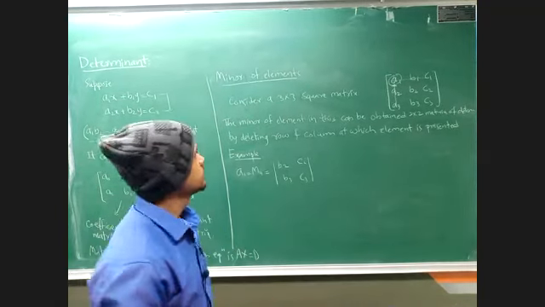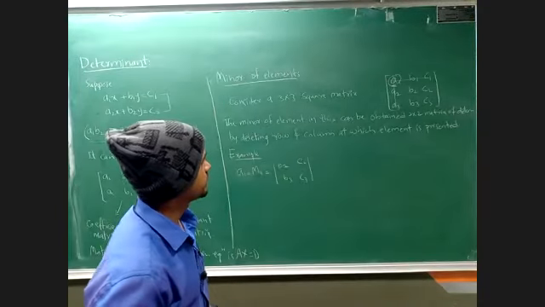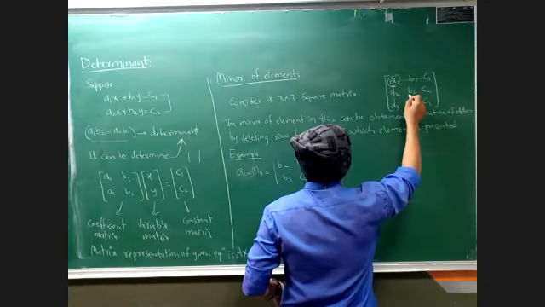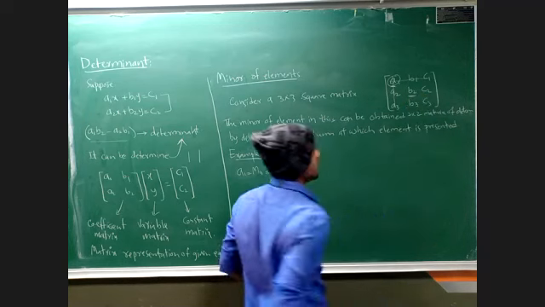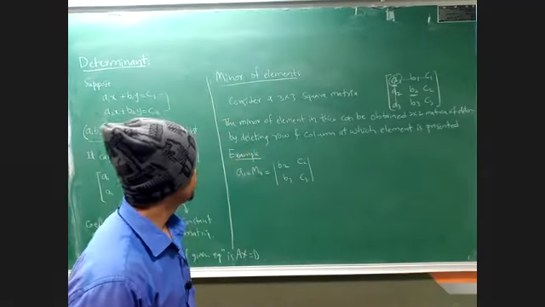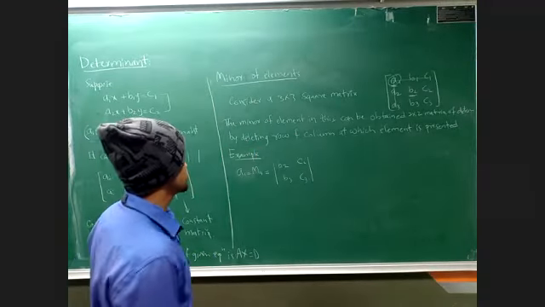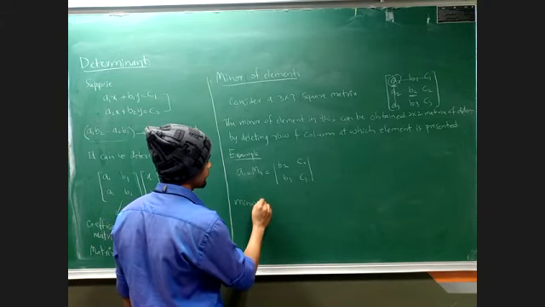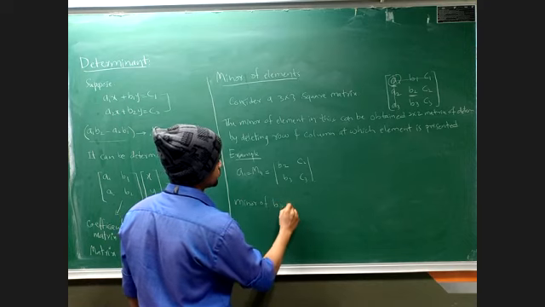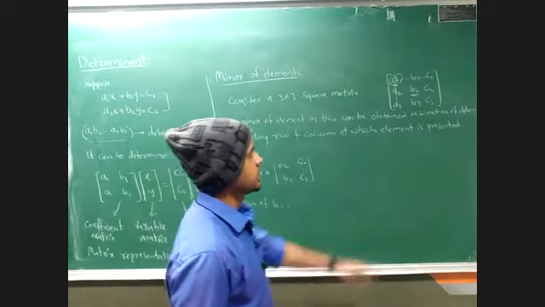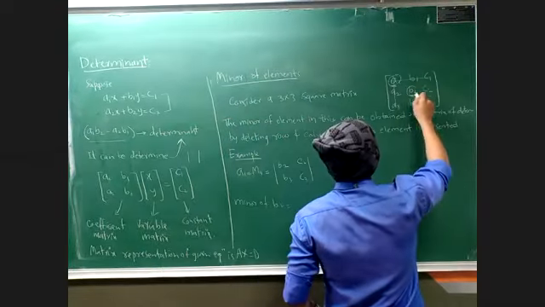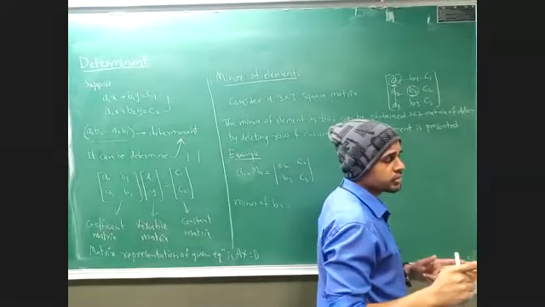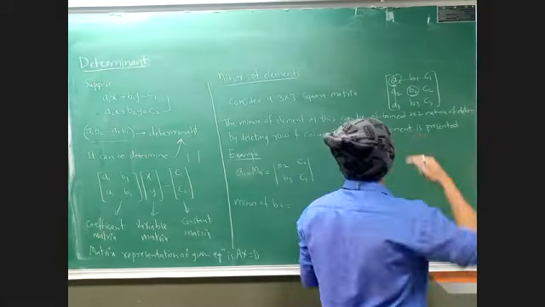Now, for example, if I want to find the minor of b2, the element is presented here. Now delete the row and column along with b2.